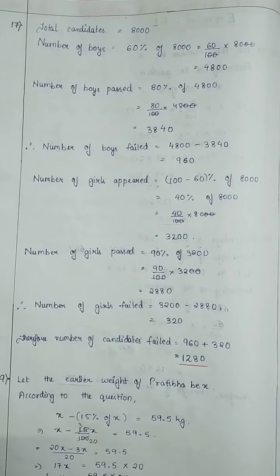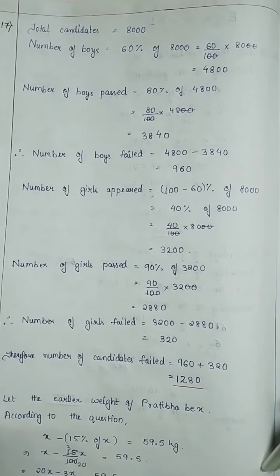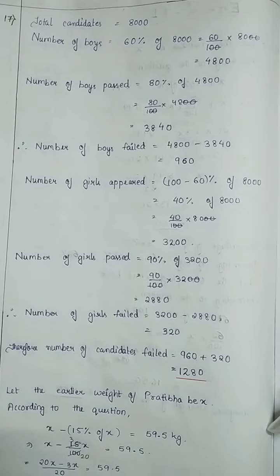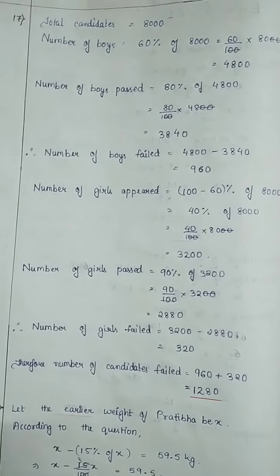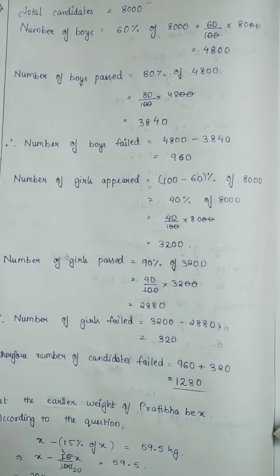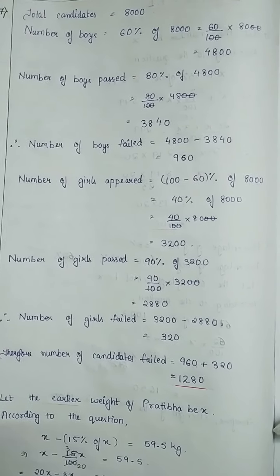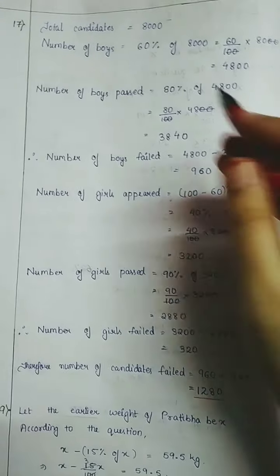Okay class. In question number 17, total candidates is given 8000. Percentage of boys is given 60%. Okay, and from there 80% of the boys passed and 90% of the girls passed. So we have to find how many candidates failed. So total candidates first of all we will write.